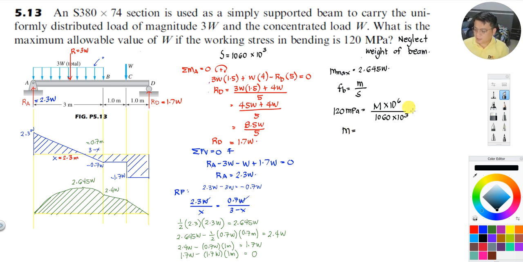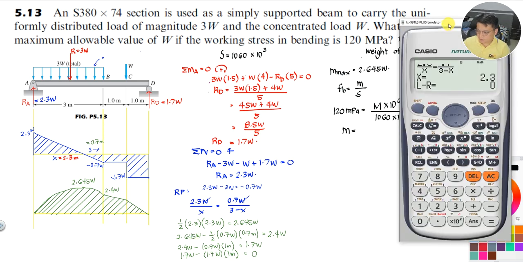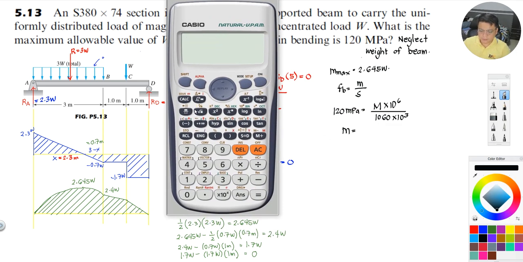So let's solve for M first. 120 is equal to M times 10 to the 6 over 1060 times 10 to the 3.